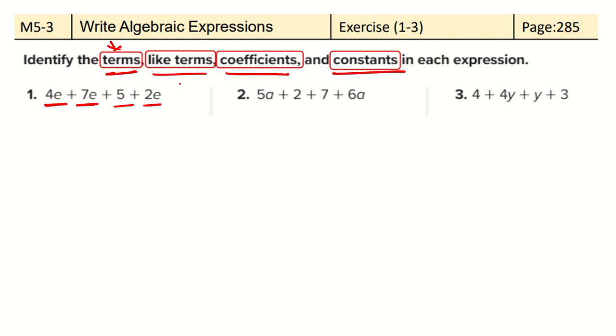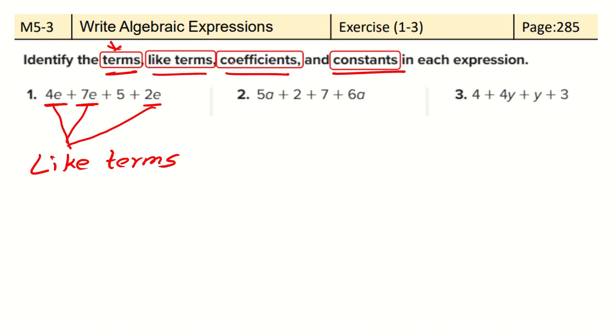Okay. Now like terms, what did I tell you about like terms? Like terms I told you are terms with the same variable and same power. So 4e, 7e and 2e are like terms because they have the same variable e.